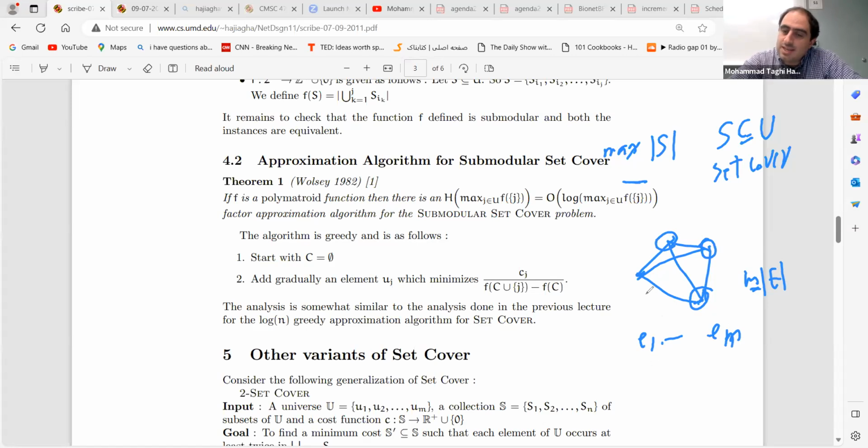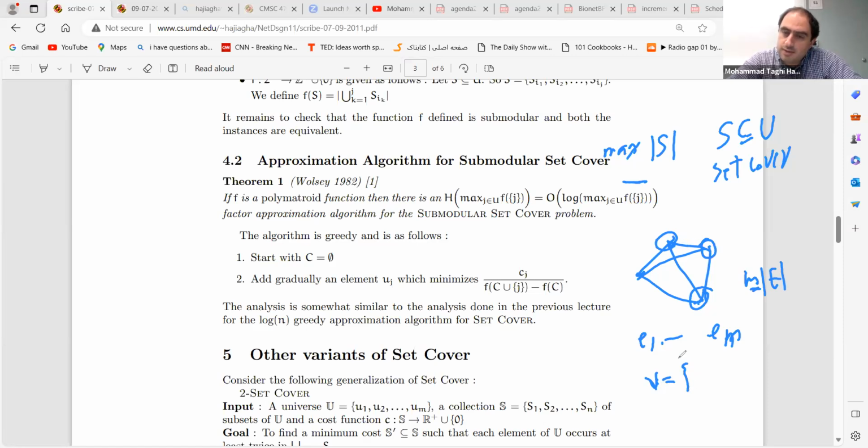Each vertex would be a set, essentially a subset of these edges.